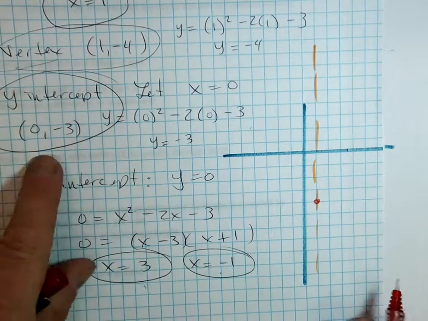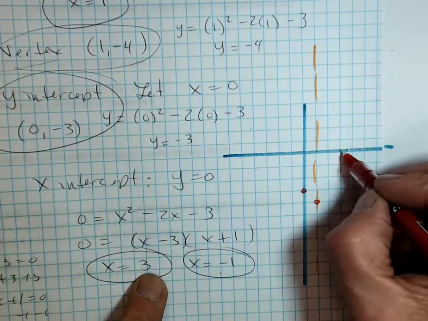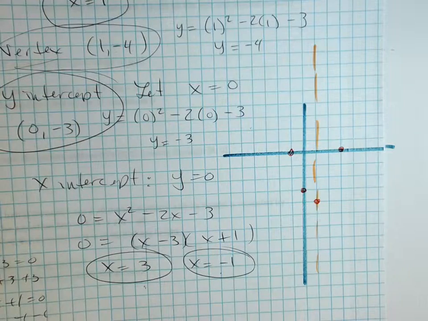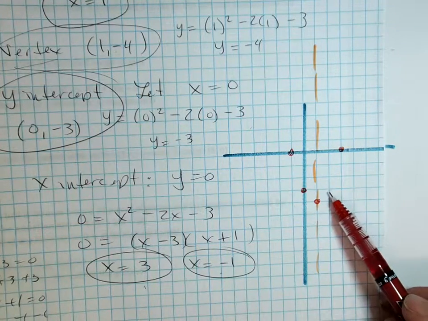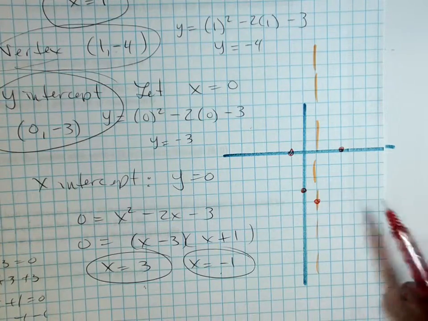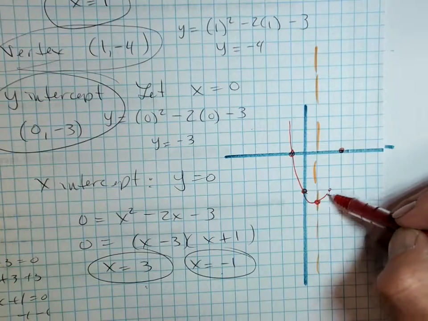I've got a y-intercept at 0, negative 3. I have x-intercepts at 3 and negative 1. And I'm going to put one more point in, right? You guys see the other point I'm going to put in right there? You guys agree? I don't have to, but may as well. There's got to be a point there. Agree? Okay. Put that there, and I'm going to draw it in.